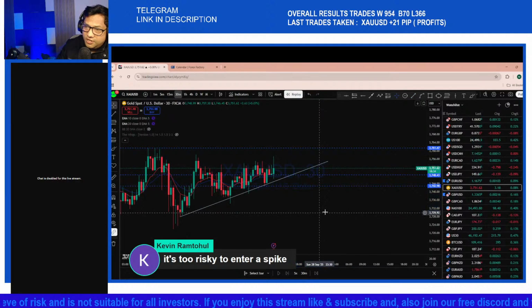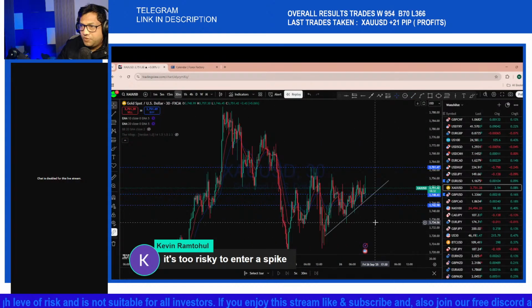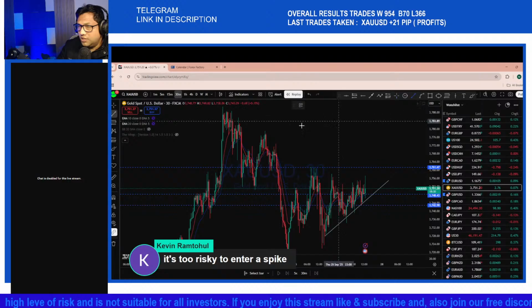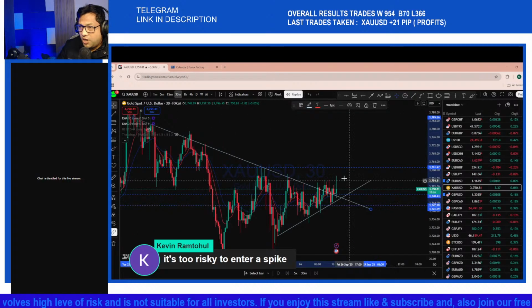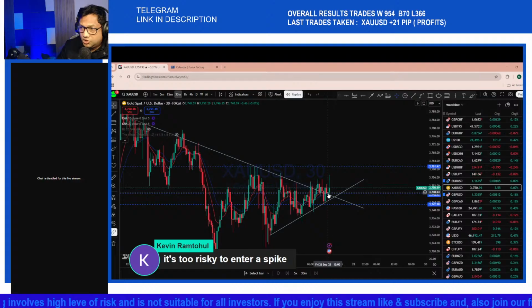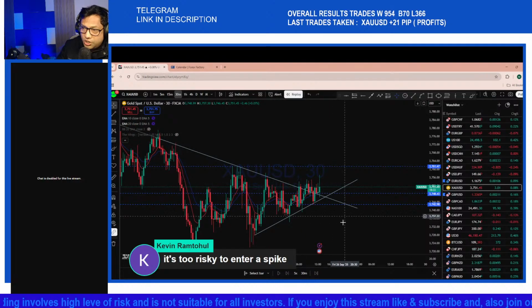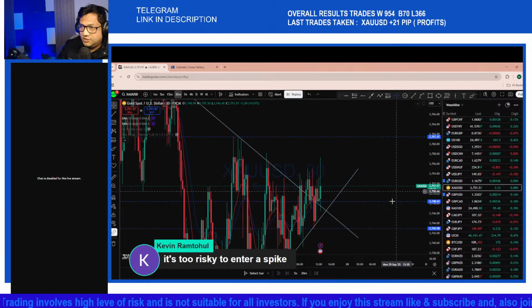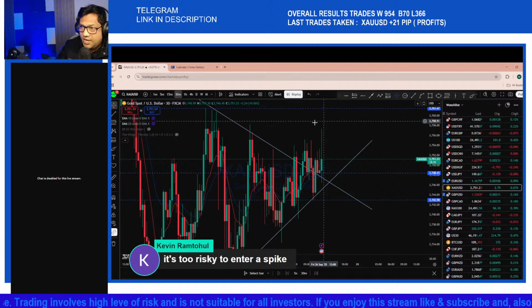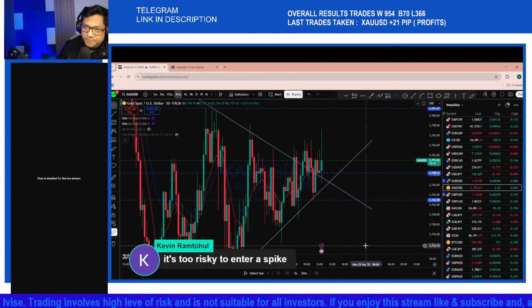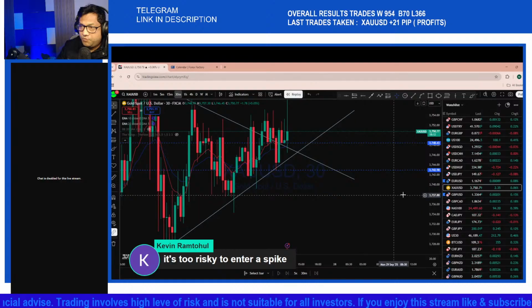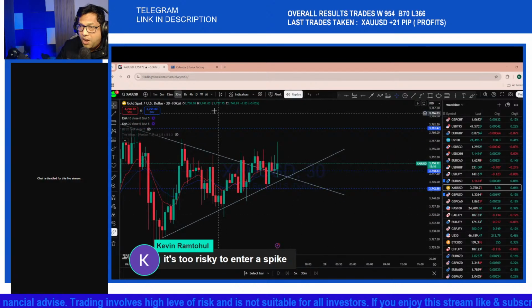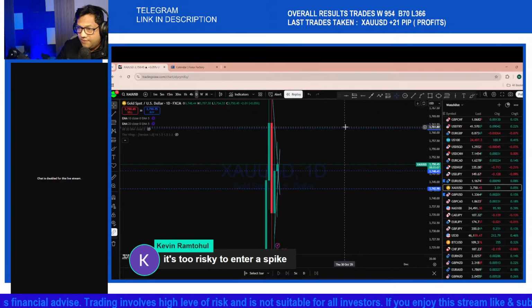If you look here, this is a trend line that the market was following, and slowly it has broken out of that trend line from this consolidation, and at the moment we can see it has broken to the upside.